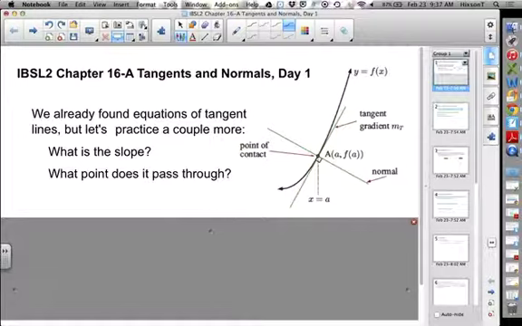Development of those lenses. One of the basic rules is that the angle of incidence, if these are light waves coming at the surface, this would be our angle of incidence, and that's going to equal the angle of reflection.